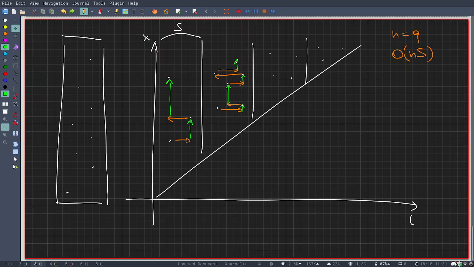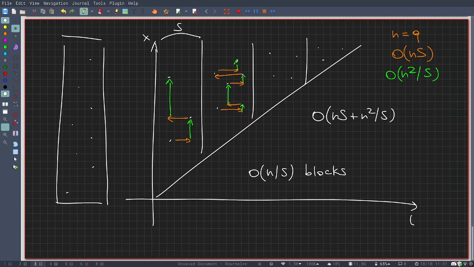The number of blocks is n divided by S. And inside each block, you move O(n) vertically. So you have O(n times n divided by S). So the total complexity is O(n S plus n squared over S). And we should try to find a good value of S.